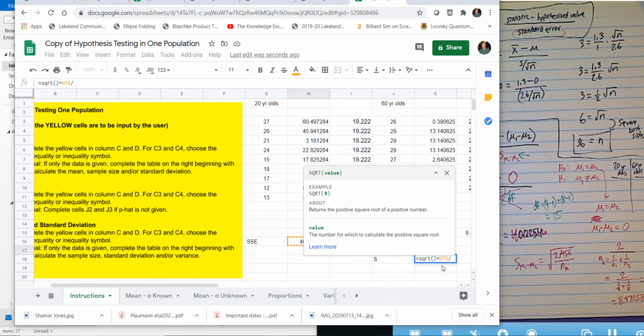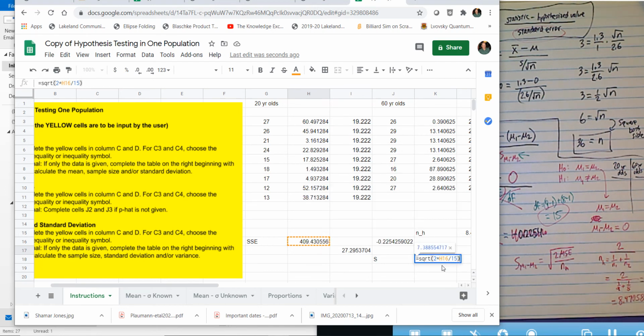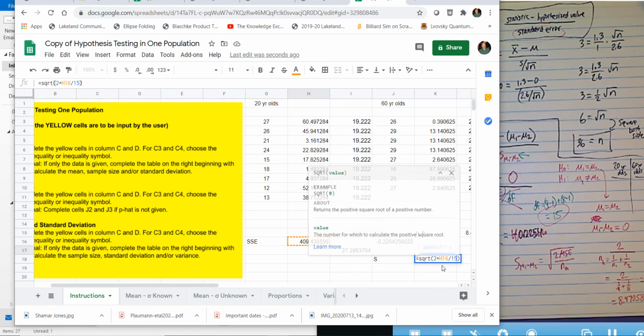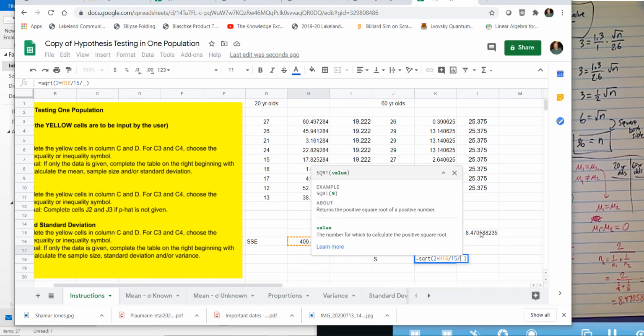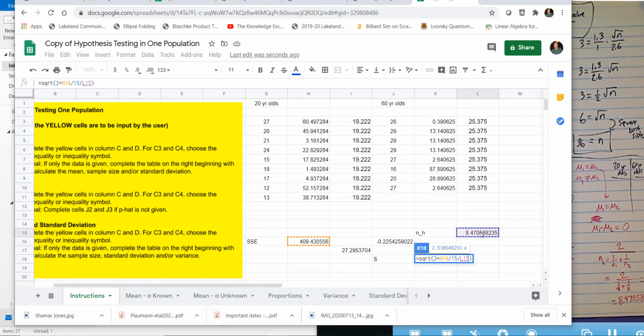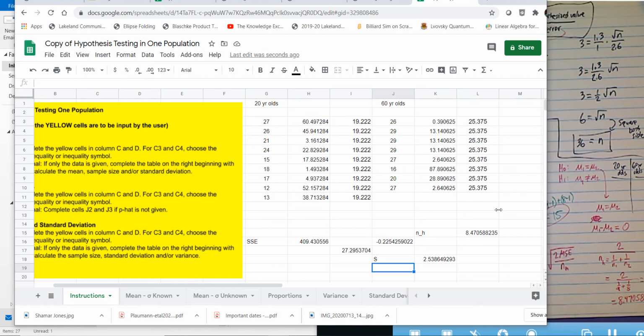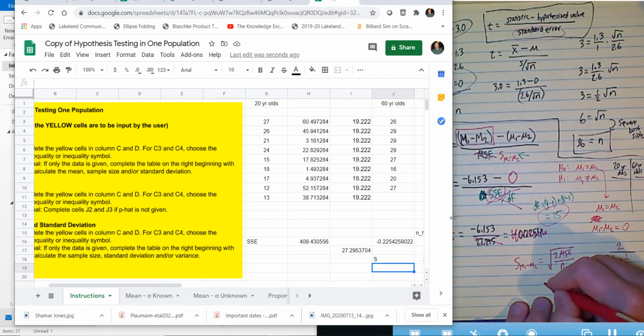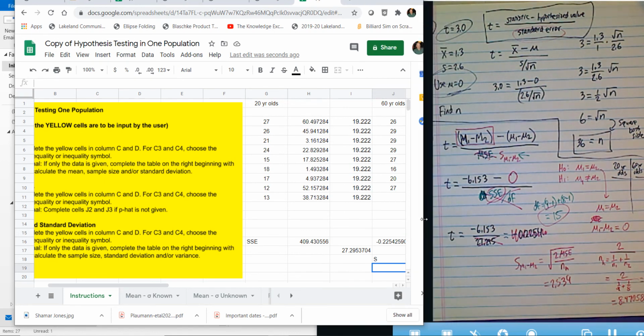We worked that out already. That was 15, right? Okay. And now we want to divide by this value up here, which is the harmonic mean. And so there, that is what S is, the 2.538, or 2.539 if we round. Okay, now I'm ready to get my t-value and finish the problem.